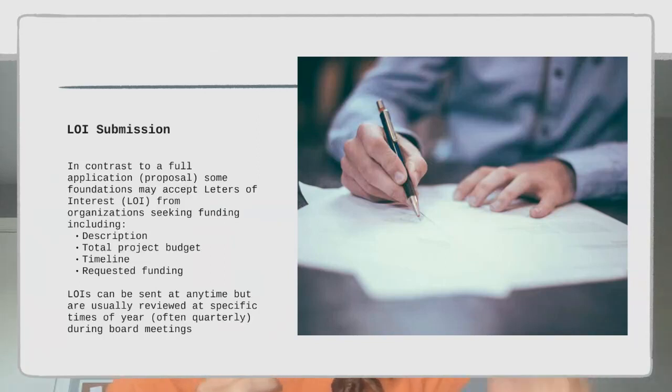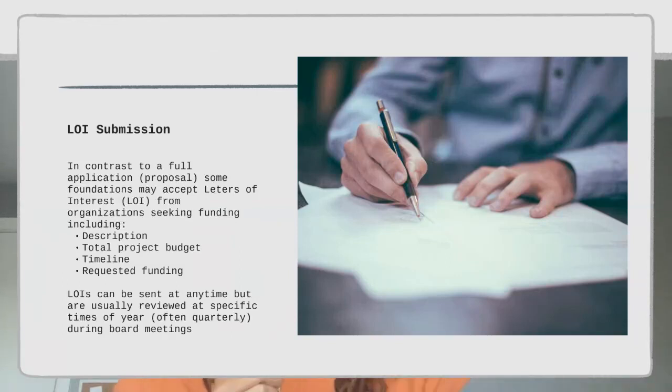In contrast to a full application, the letter of interest includes much less detail: usually a description of the project instead of a full narrative, the total project budget, so that the funder can decide if they want to cover the entire project or just a portion of it, a timeline to let the funder know when the goals of the project will be completed, and then the requested funding.